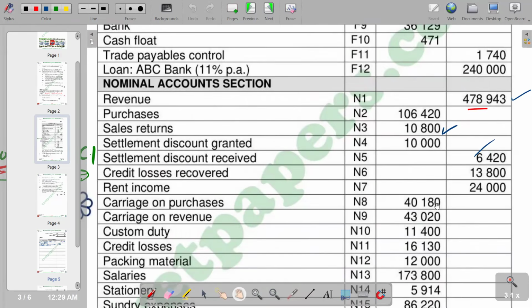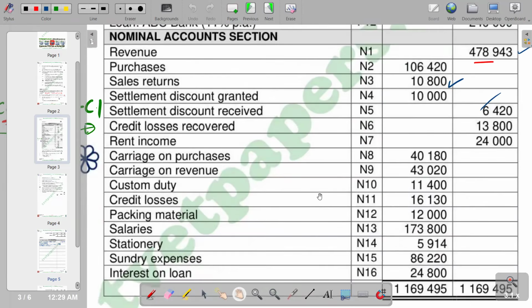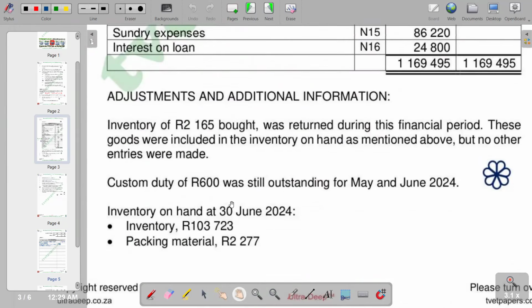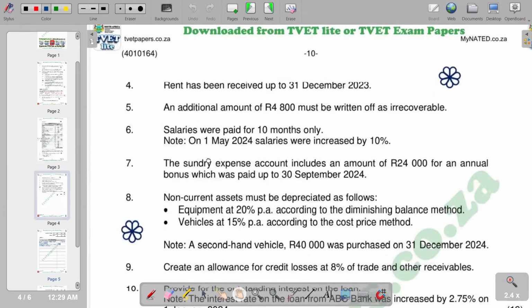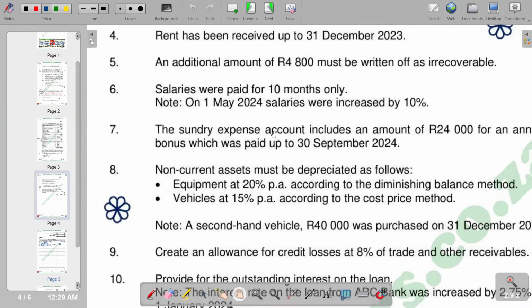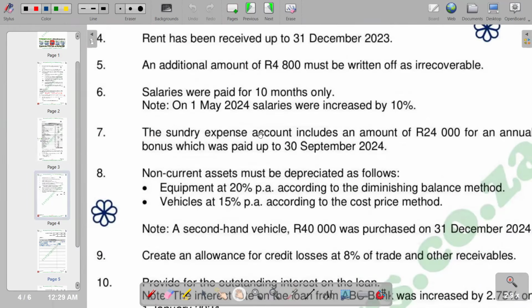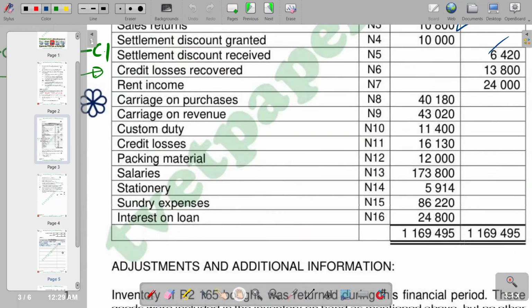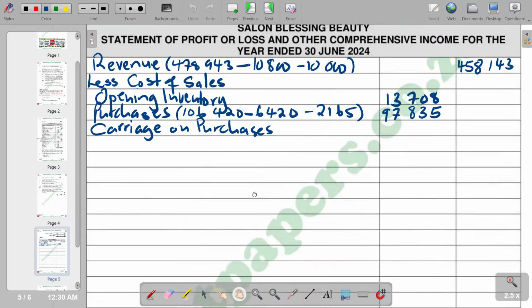But of course, we don't have to put the figure as it is. You check additional information if you've got anything that is affecting our carriage on purchases. Of course, we do have to go additional information by additional information to check for that. So we go down. According to our adjustments, we are not seeing anything that is affecting our carriage on purchases. So we can take the figure in the pre-adjustment trial balance, carriage on purchases 40,180, as it is, and put it in our statement of profit and loss.